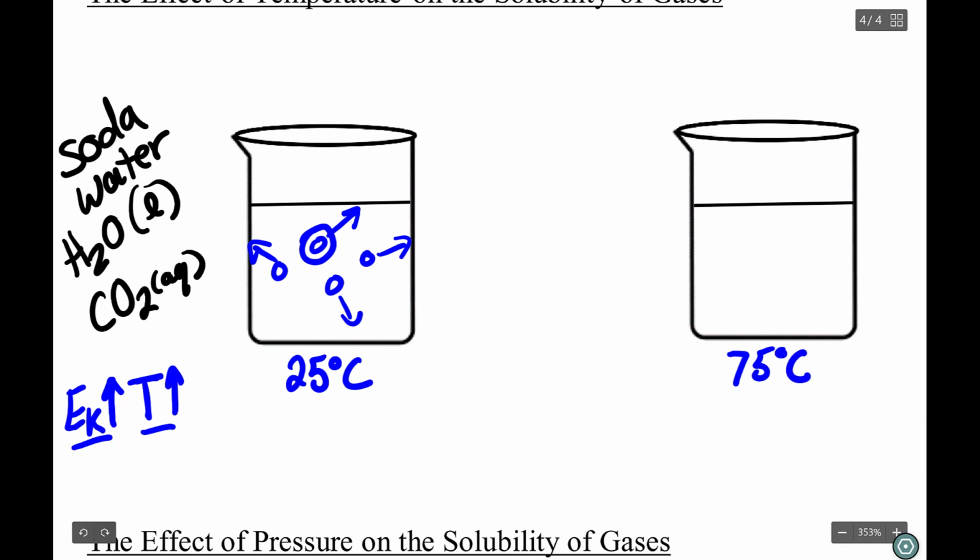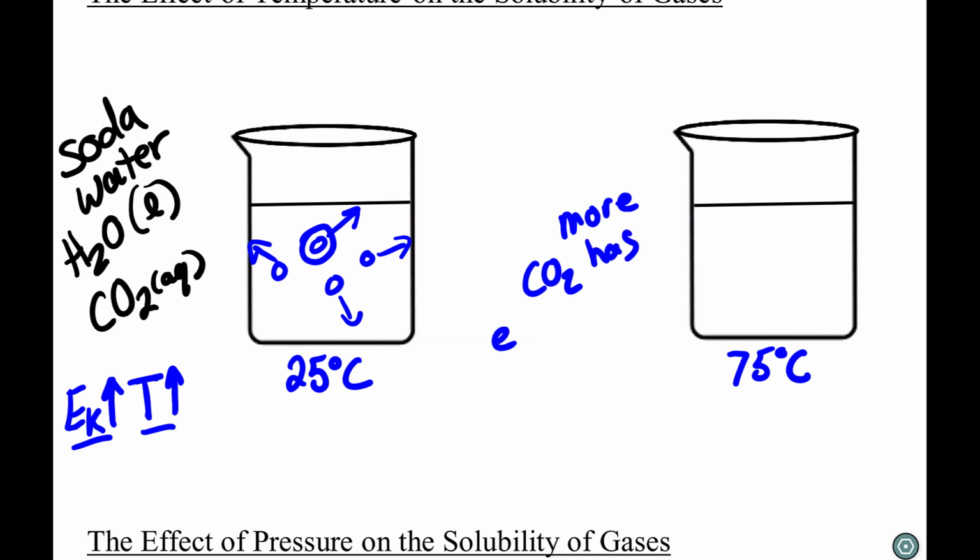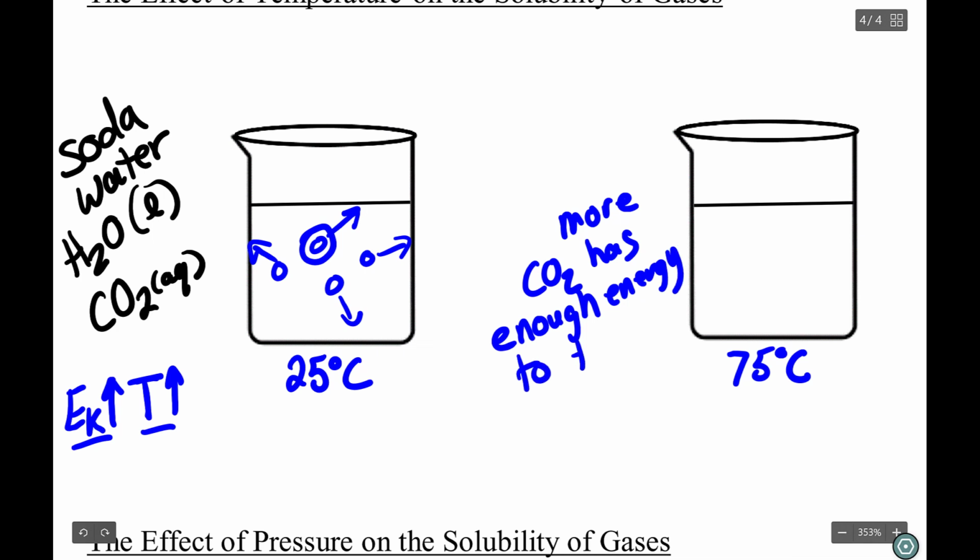But if I then warm up that water, or soda water I should say, to 75 degrees Celsius, more CO2 has enough energy to leave the water. So now when I've got these gas particles in here, they're moving really, really fast.